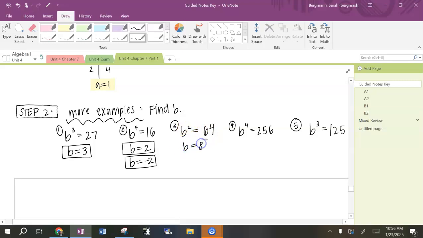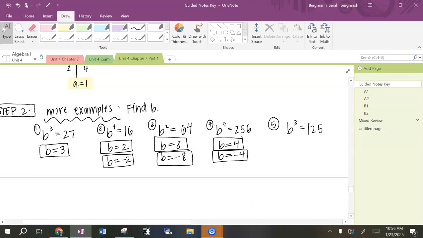That's 8. 8 squared is 64. 8 times 8 is 64. The next one, what can you raise to the power of 4 or multiply by itself 4 times to get 256? That answer is 4. And again, for this one, technically, you could also have -4. Same on the last one, I skipped that. Could also be -8.